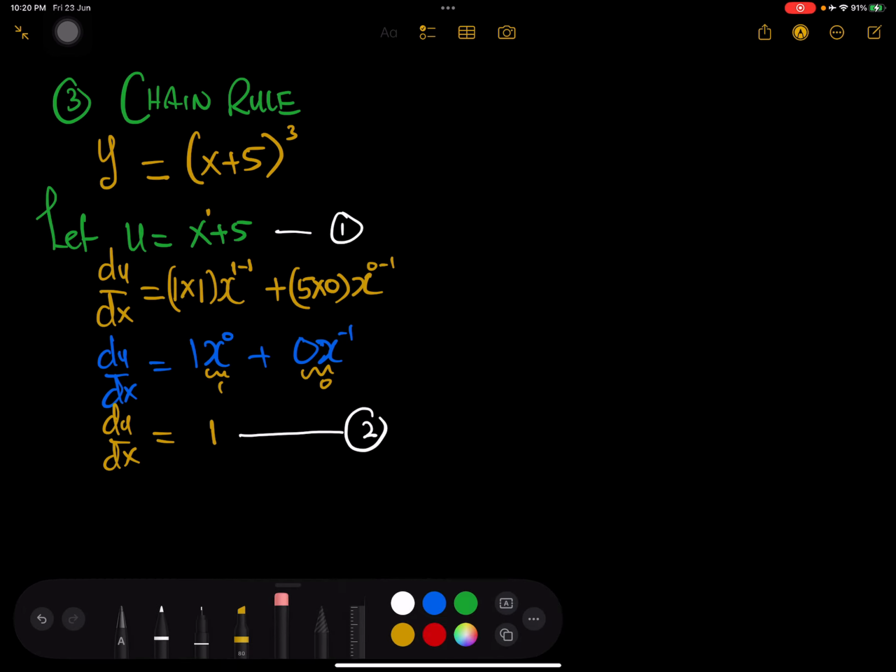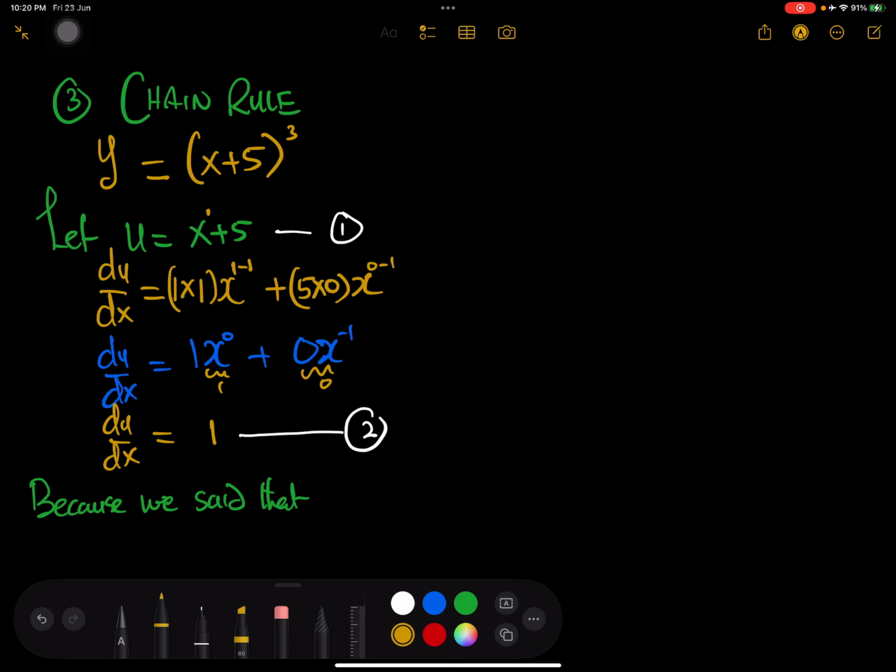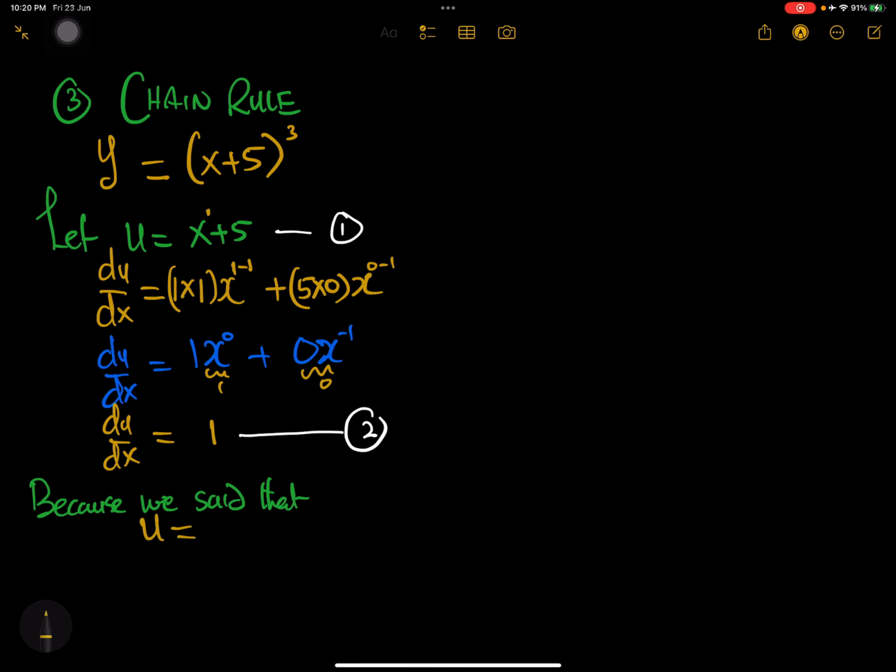Now, remember that because we said that u is equal to x plus 5, then our y should be equal to what?